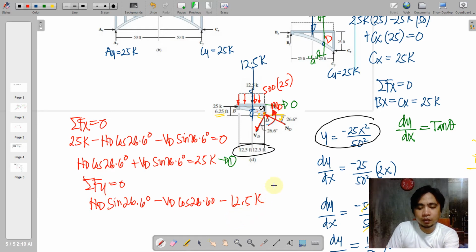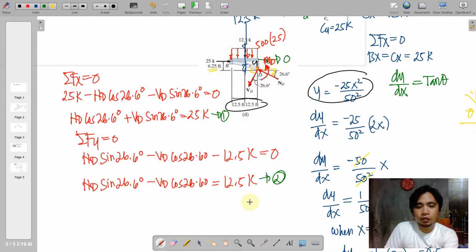Okay, so equate this to 0. So we again simplify, bring your constant to the right side, then we'll have this second equation.